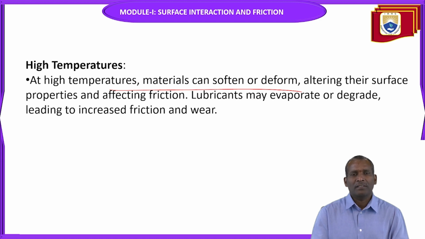It means it elongates lengthwise or diameter-wise due to this high temperature, so the material dimensions increase or decrease. The surface properties are affected. Whenever the surface properties change, it immediately affects the friction properties.